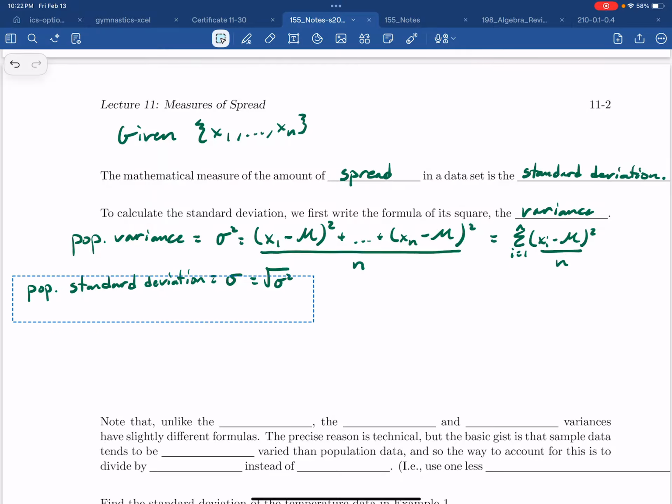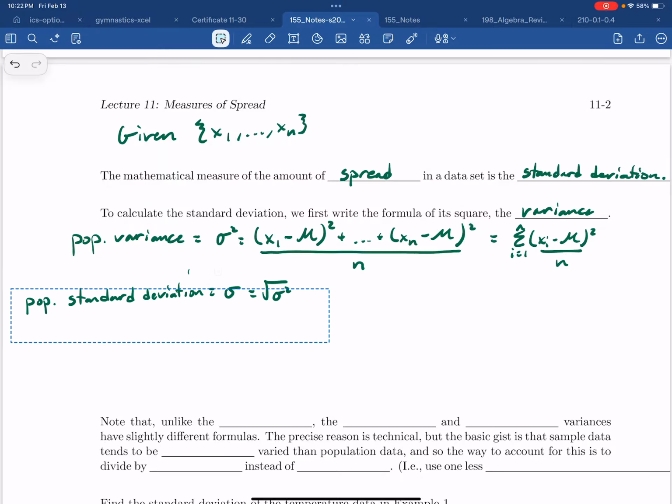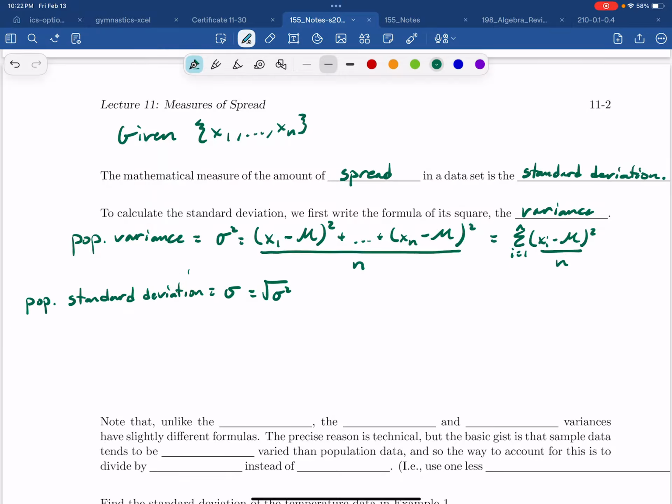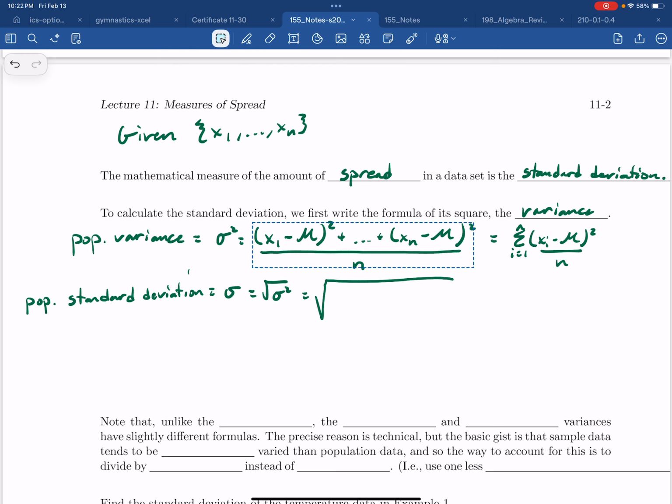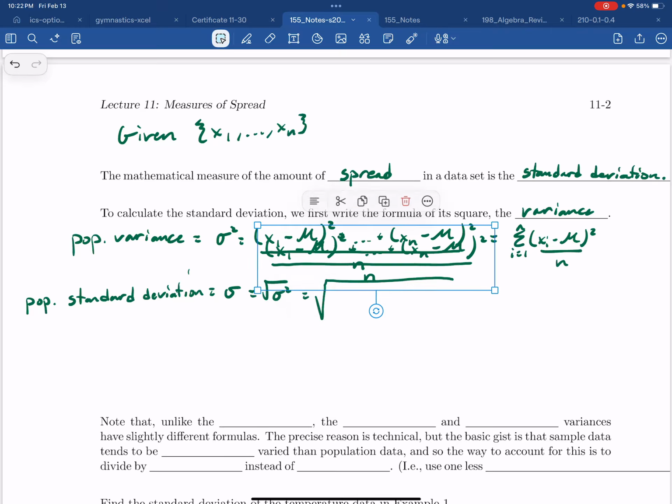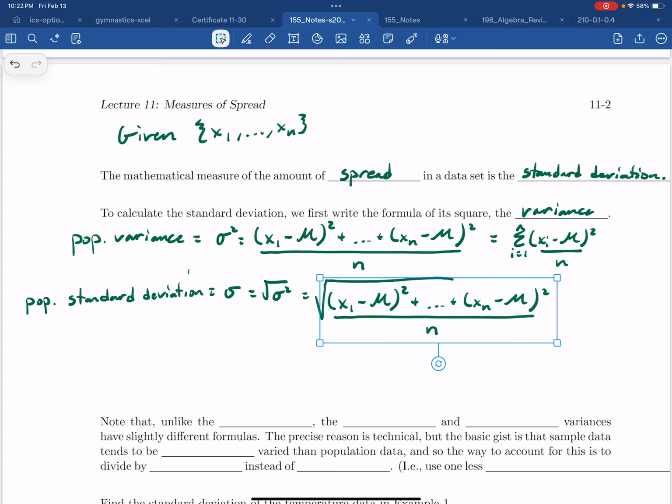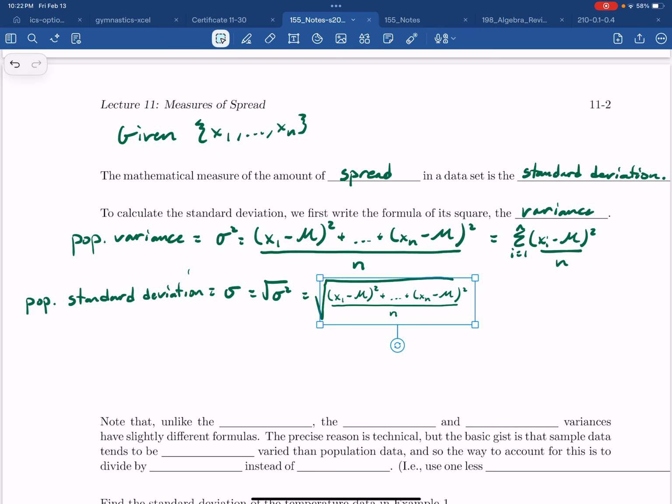And this is going to equal just the square root of all of this. I'll be a little bit lazy and just do one of these terms, and maybe I'll shrink it just so it fits. Okay, much better.